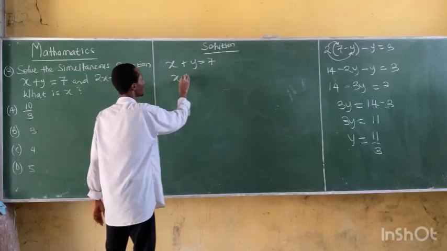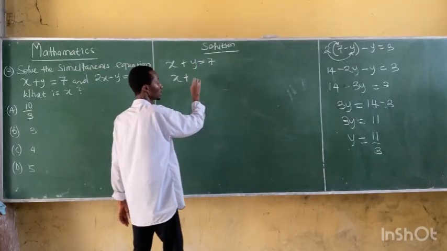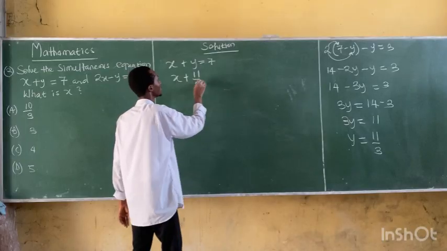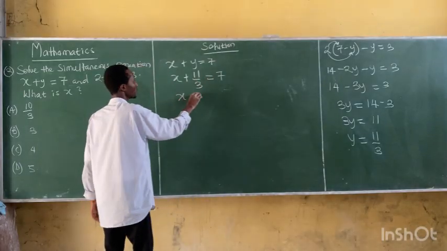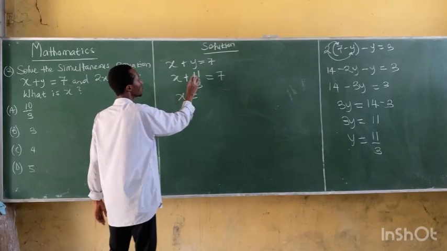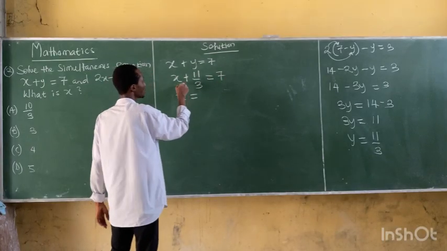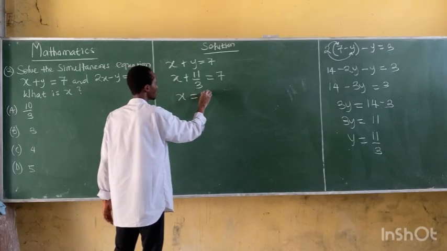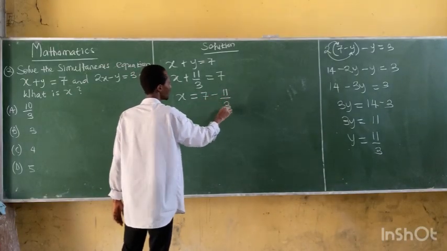This is x plus. Instead of writing y, we replace it with that value, 11 over what? 3. So you have x plus 11 over 3 is equal to 7. X here is equal to, if you make x stand alone, 11 over 3 crosses the equality sign. It changes from positive to negative. So we have 7 minus 11 over 3.